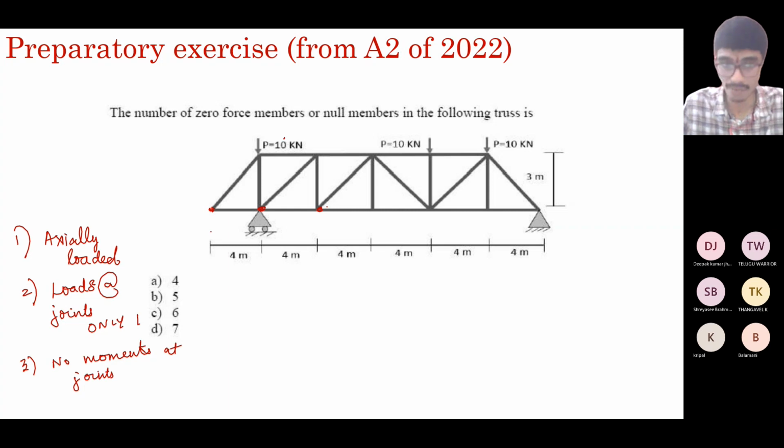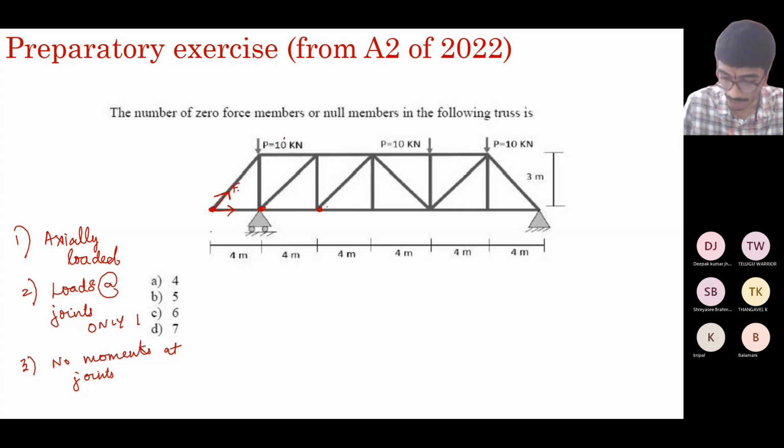And if you consider the equilibrium of a joint, so if this truss is under static equilibrium, each part of the truss has to be under static equilibrium. So if you consider this joint, the only forces that are acting are this one and this one. If you enforce the equations of equilibrium, what do you get? What are the vertical forces?